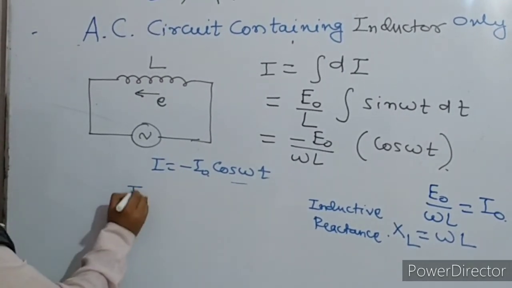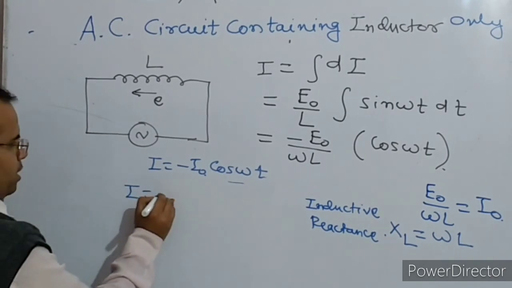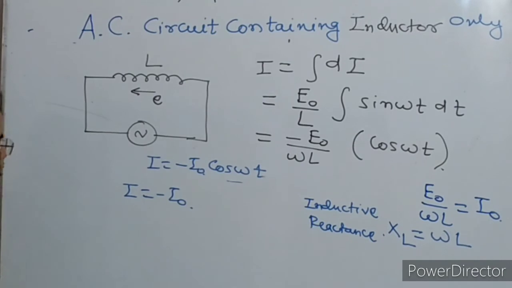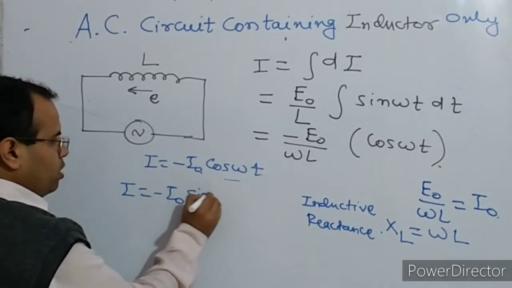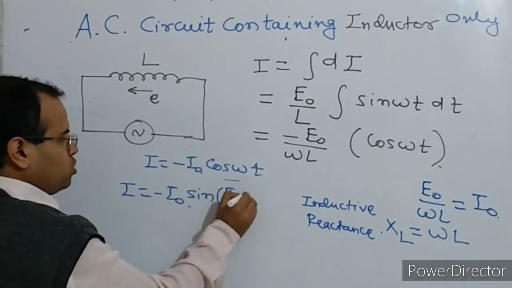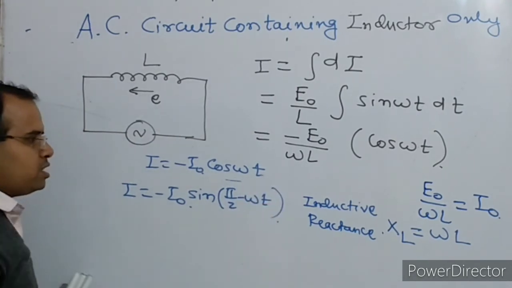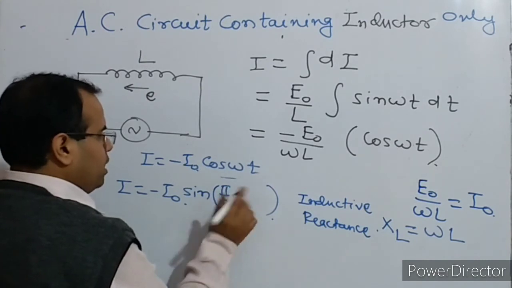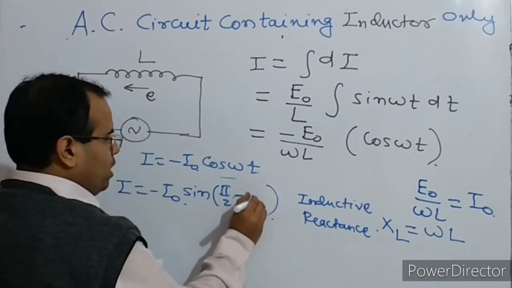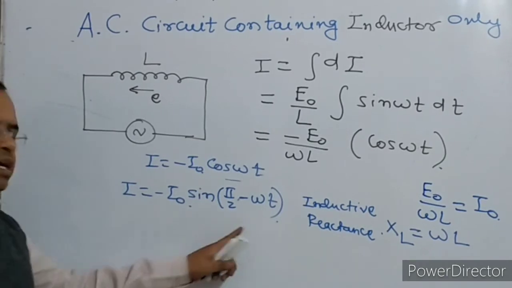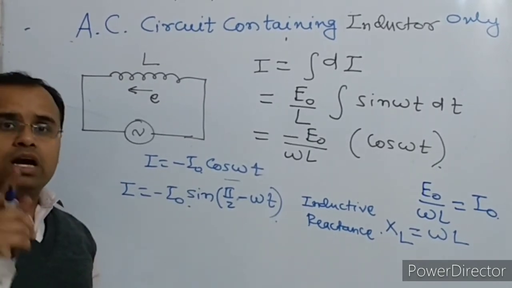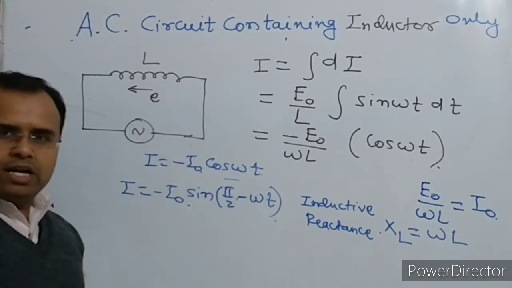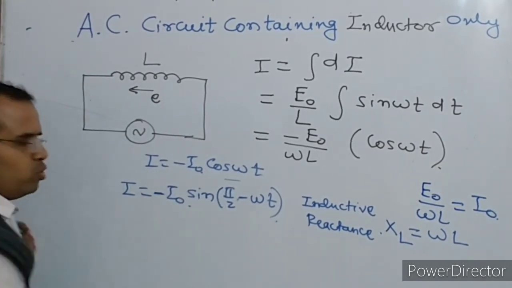For that we write minus I naught sin of 90 minus omega t, because we know that sin of 90 minus omega t is cos omega t. We are not writing 90 plus omega t, because this minus sign also we have to adjust.